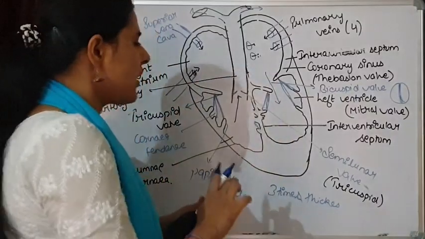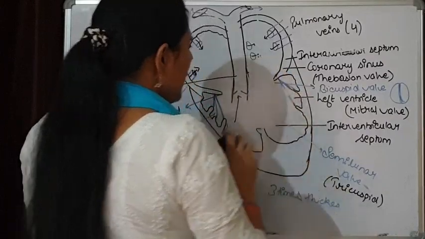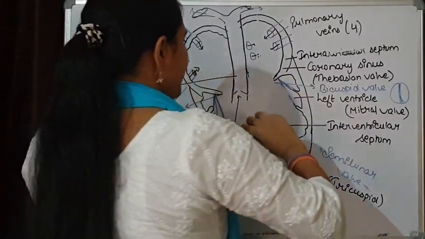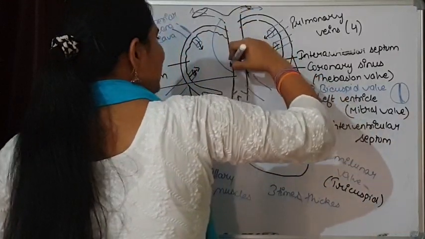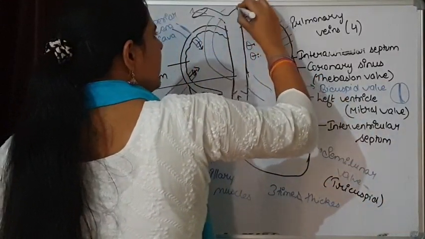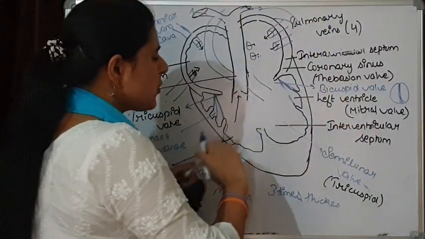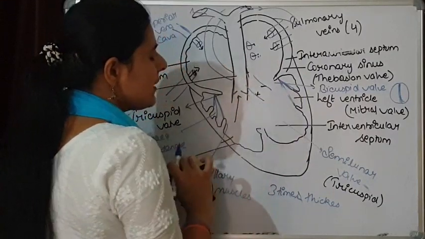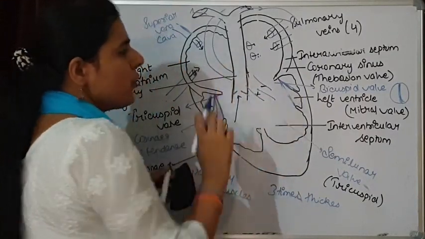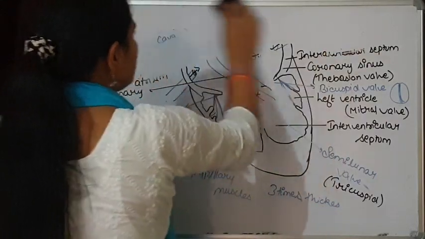So let's discuss aorta over here. From this right side, aorta is going to arise and it is moving like this. This aorta is also supported by semilunar valves which are working in the same way. They are preventing the backflow of the blood. Let's discuss this aorta individually.